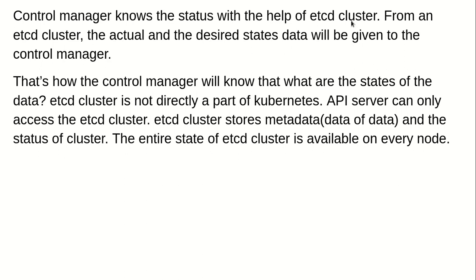The controller manager does not have the information itself. It gets the information from the etcd cluster, and according to that information it checks whether the actual state is equal to the desired state. From the etcd cluster, the actual state and desired state data are given to the controller manager. That's how the controller manager knows what the states of the data are.